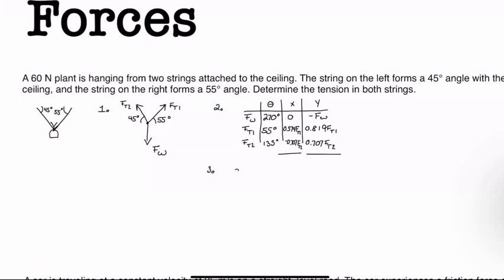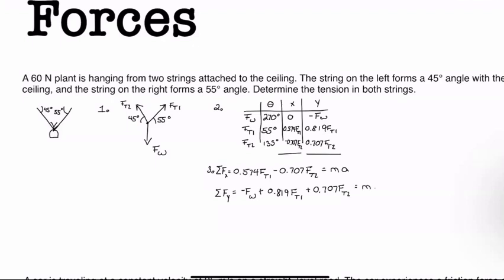So I have 0.574 FT1 minus 0.707 FT2 equals mass times acceleration. This is the sum of my forces in x, and the sum of forces in y. I'm going to do minus weight plus 0.819 FT1 plus 0.707 FT2.